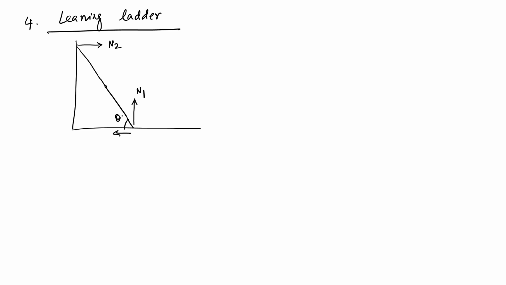The ladder has length L, and if it is a uniform ladder, then the weight acts from this point, and this is, say, F, which is the force of friction. So F is the force of friction, and N1 and N2 are normal reactions.